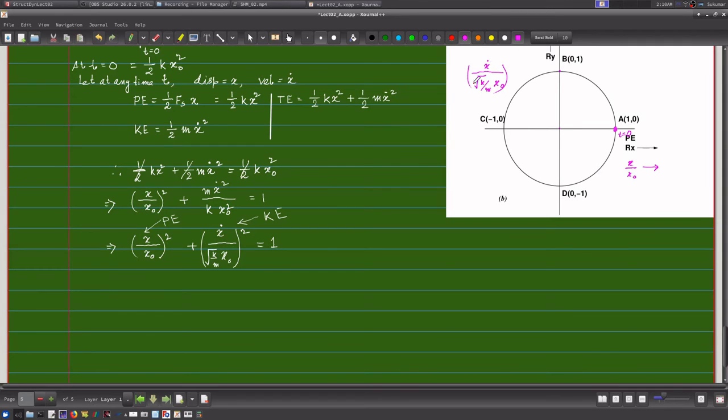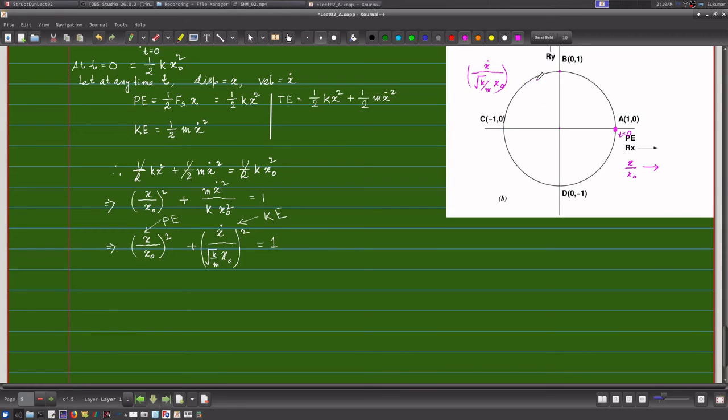So at that point my kinetic energy is maximum and the potential energy is 0. And therefore, since kinetic energy is maximum, it has the highest velocity, and since the mass has inertia, it cannot stop here, it moves again towards this side.